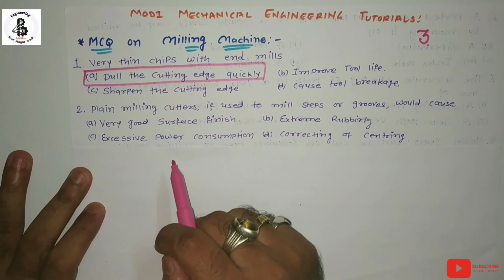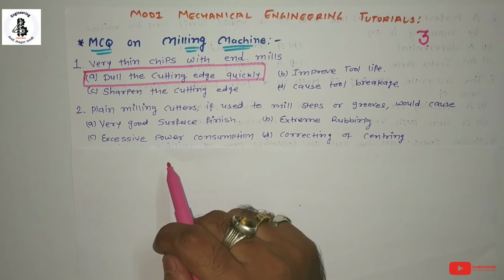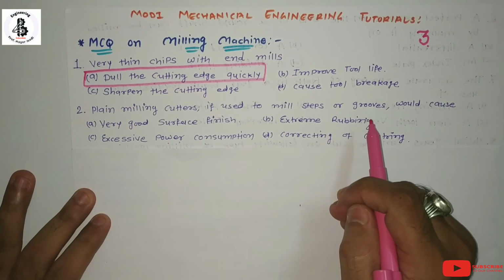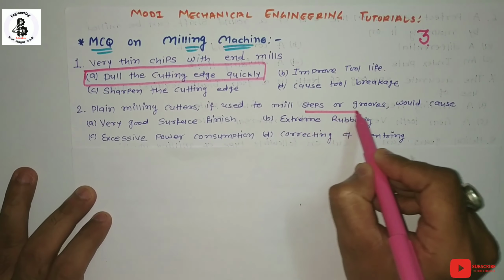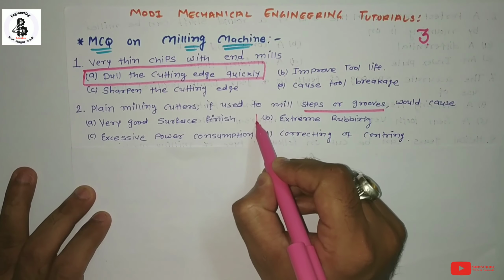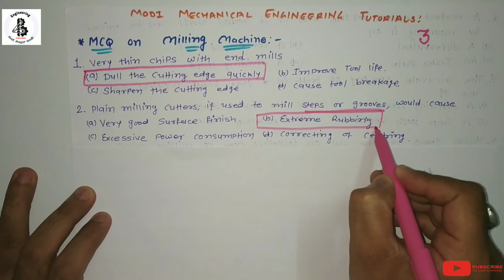So basically, in case of the plain milling cutters, that will be extreme rubbing while used to mill steps or grooves. So for making steps or grooves by plain milling cutters, there will be extreme rubbing action. So option B will be the right answer.